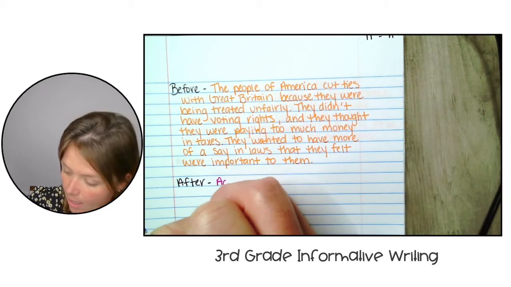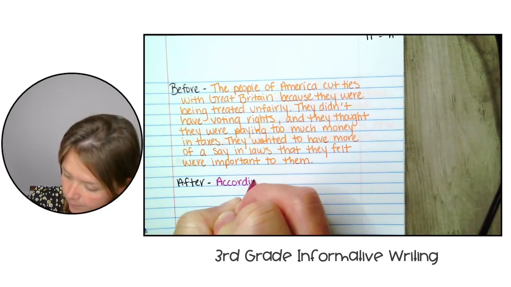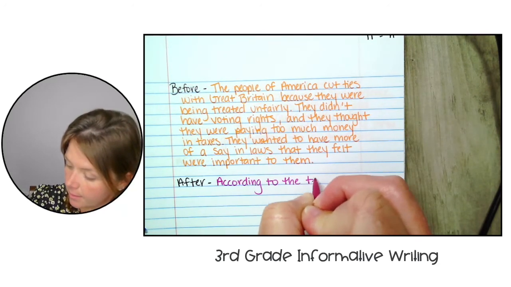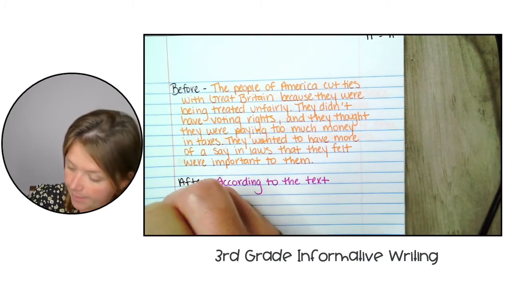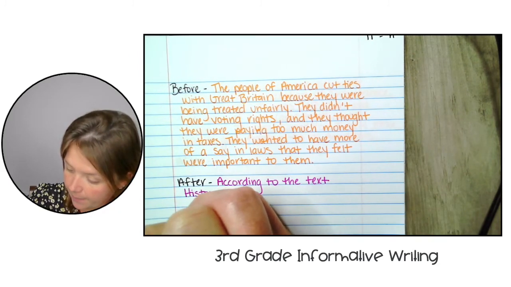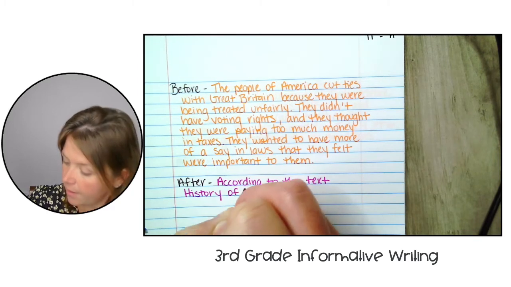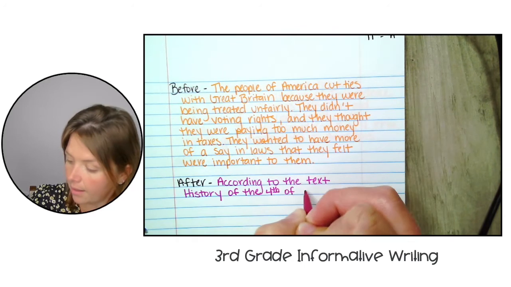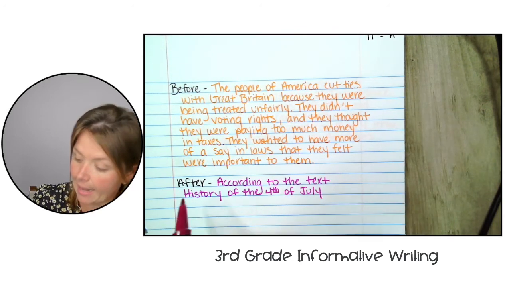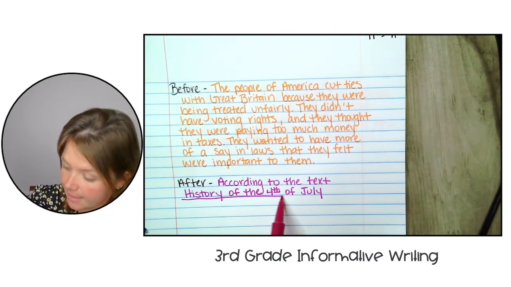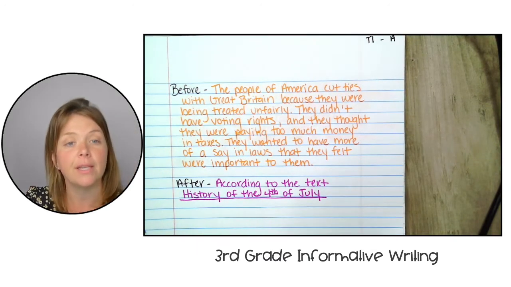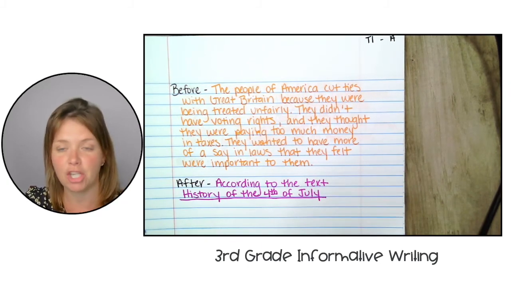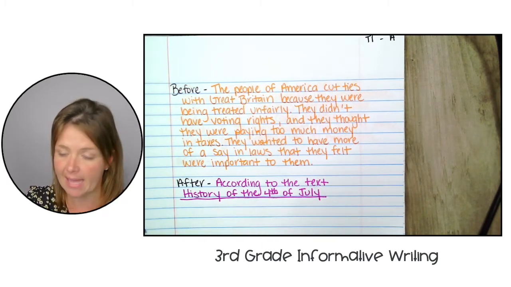I'm going to say, according to the text History of the 4th of July. And I'm going to underline because it's the title of a text that's included in our passage set. And now I can state the information I'm using from that passage.